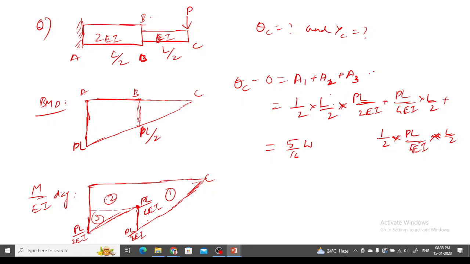Did anyone note it when I was writing the areas? I haven't given the negative sign. So be careful with the sign also. It should be minus 5 by 16 PL square by EI.